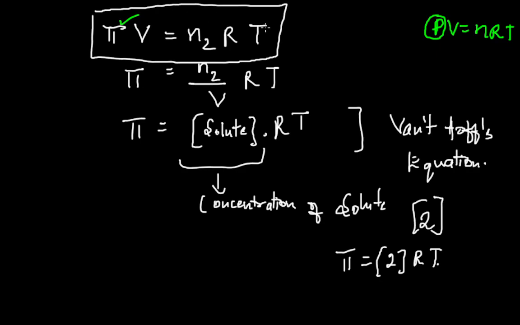This striking resemblance suggests that solute molecules are dispersed in a solvent the way gas molecules are dispersed in empty space. Thus the solute is analogous to the gas molecules, and the solvent is analogous to the empty space between the gas molecules.